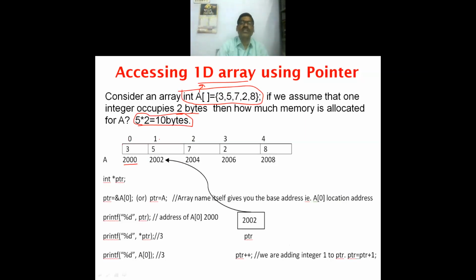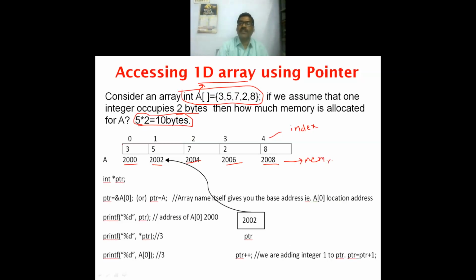These 0, 1, 2, 3, 4 are the array index values, and these 2000, 2002, 2004, 2006, 2008 are the main memory addresses.